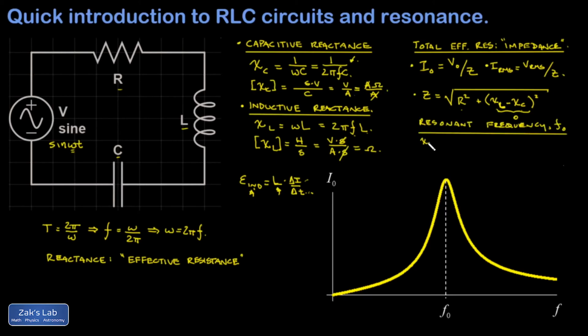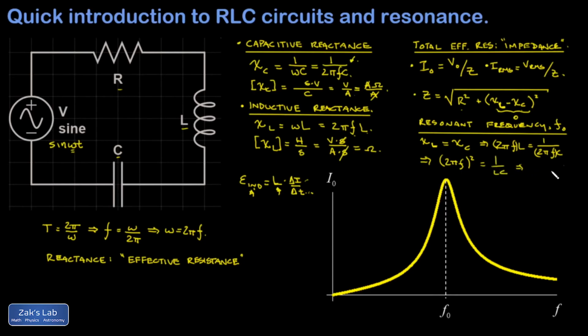And we just say, okay, let's let the inductive reactance equal the capacitive reactance. Express those in terms of frequency, and then solve for the frequency. So I'm going to multiply both sides by 2 pi f, which gives me a (2 pi f) quantity squared on the left. At the same time, I'm going to divide by L, and I get 1 over LC.